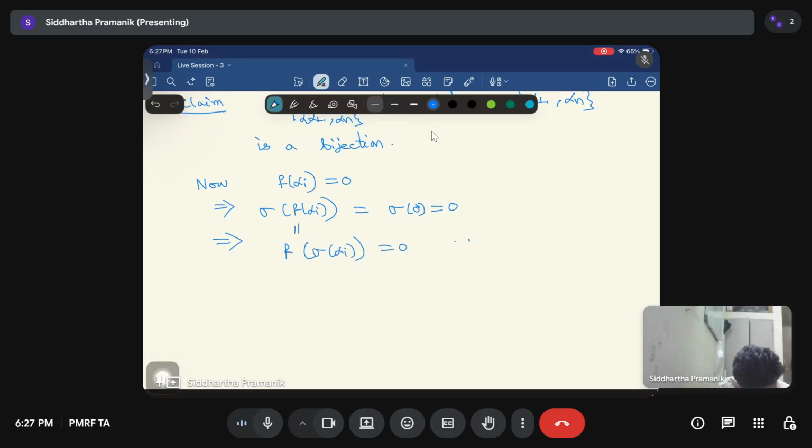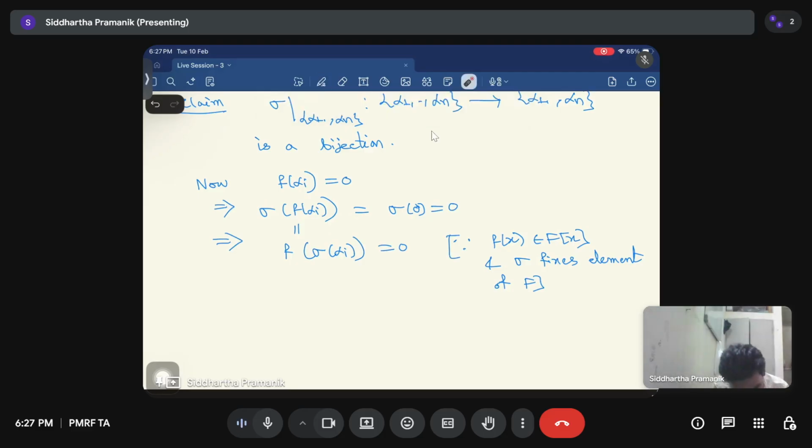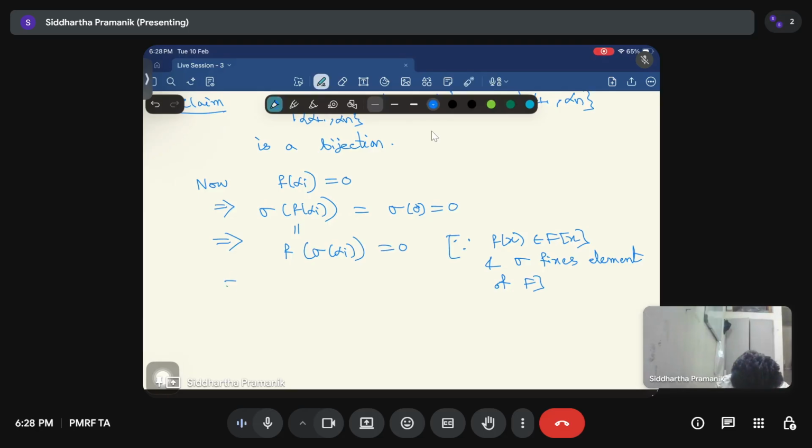This is because f(x) is a polynomial in F[x], and sigma fixes elements of F. So sigma will fix the coefficients of f, so we can interchange f and sigma. So this implies sigma of alpha i is a root of f. So this implies sigma of alpha i is equal to some alpha j for some j.